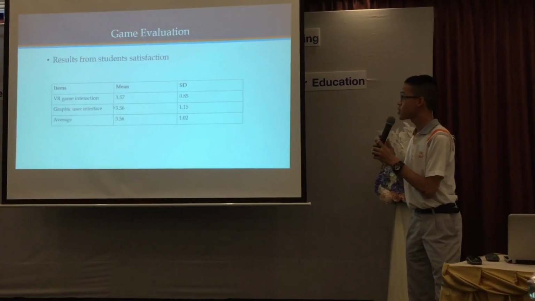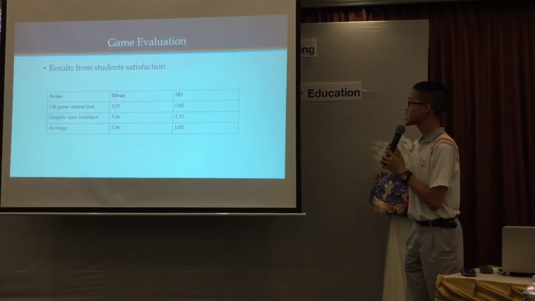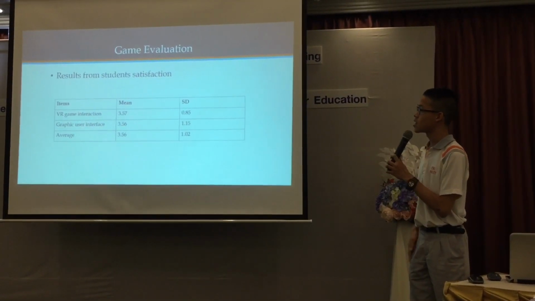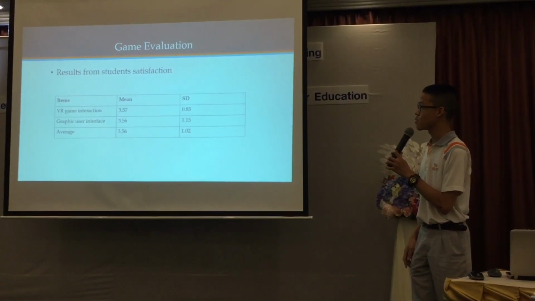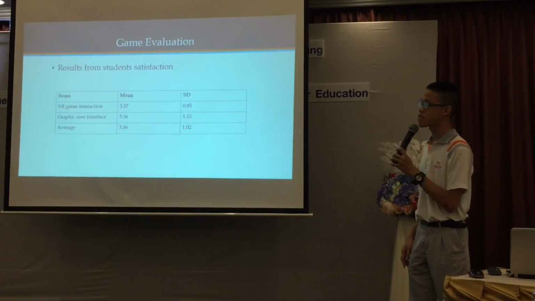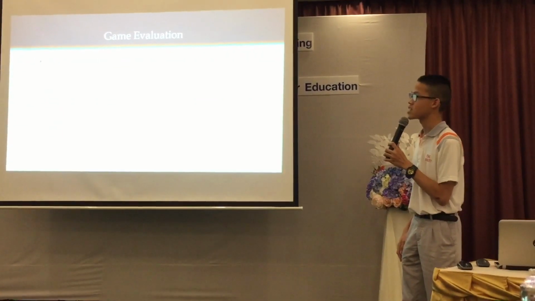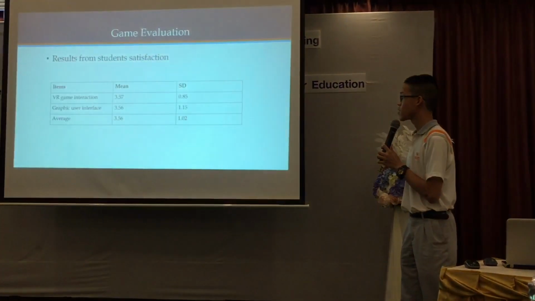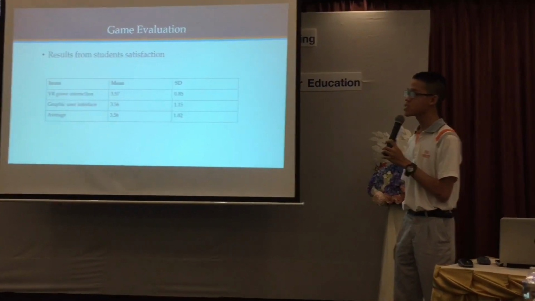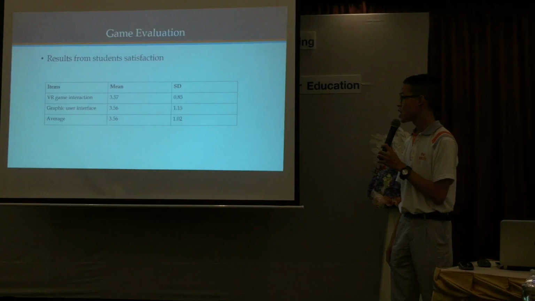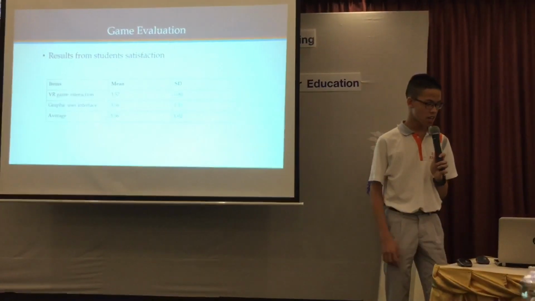And this is the result from the student classification in this topic. Such as in the topic of the game interaction, we got a score of 3.57, and in the topic of graphic user interface, we got a score of 3.56.